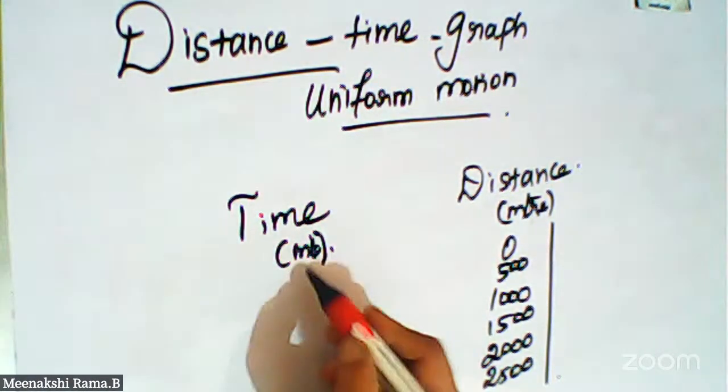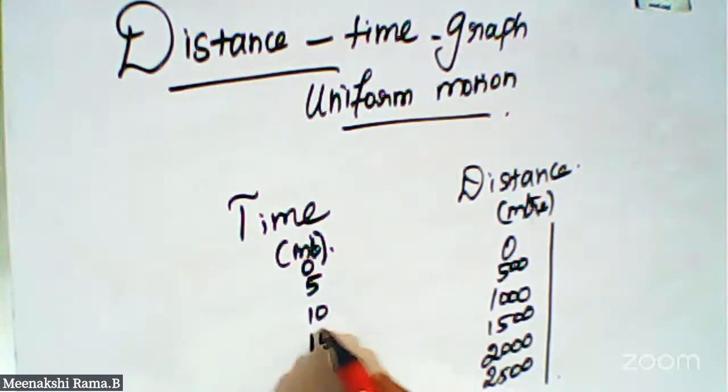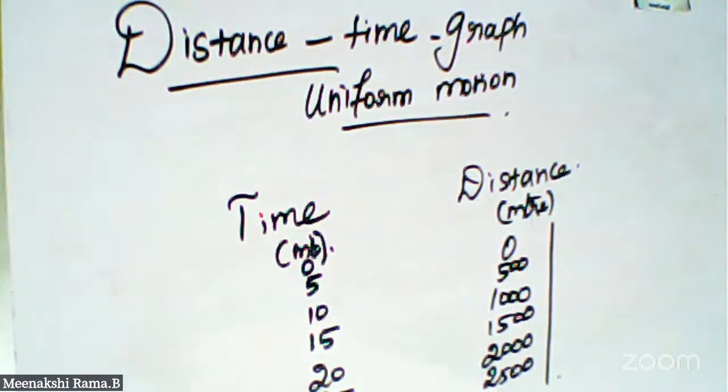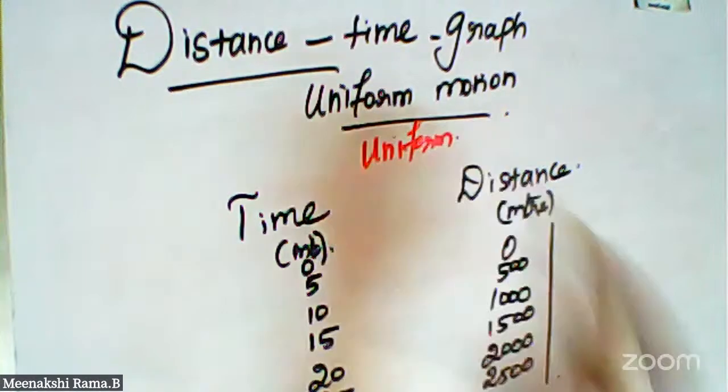So 0th minute, 5th minute, 10th minute, 15th minute, 20th minute, and 25th minute. In the 5th minute he crossed 500 meters, in the 10th minute 1000 meters. So this is a very good example graph for uniform motion.